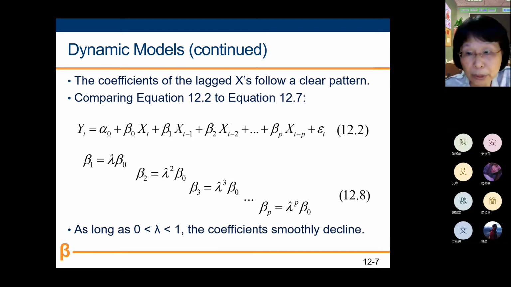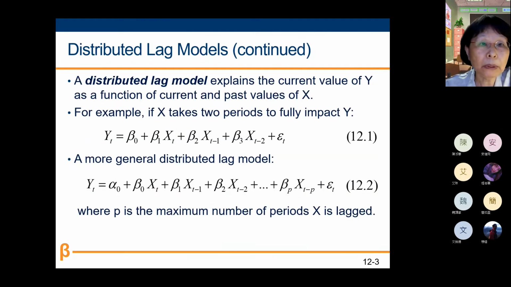Okay, I'm going to stop here for a while. Do you understand what I'm trying to say? In other words, what I just did is the distributed lag model. The general form of the distributed lag model is like equation 12.2, which means that on the right-hand side there are many lags of the x variables.